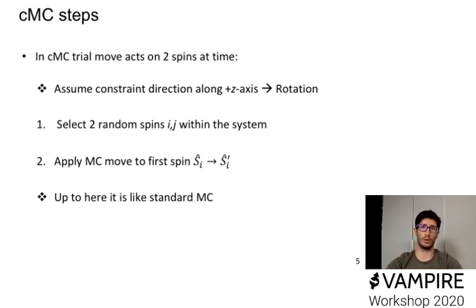So as usual, we perturb the system. In our case, it can be a spin flip or random movement around the unit sphere or around a cone, whose amplitude will depend on temperature. Now we do this move. So this is a step like the Monte Carlo already described in the previous tutorials.